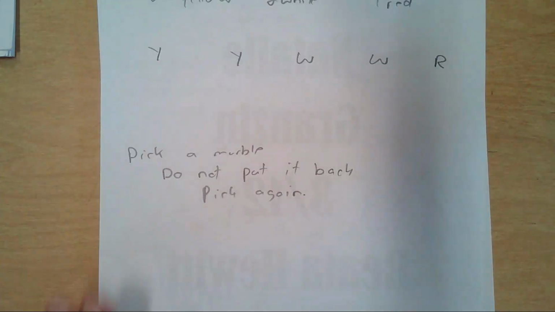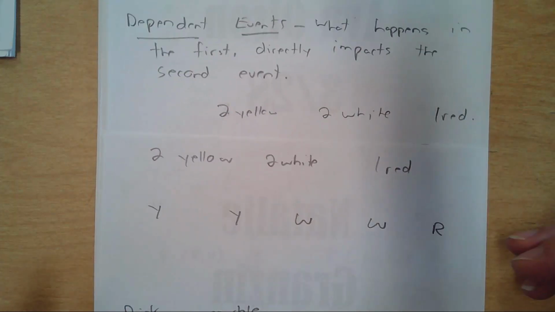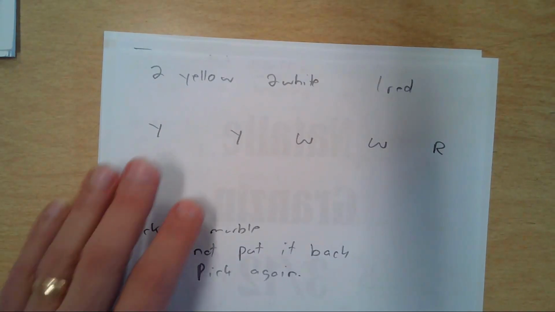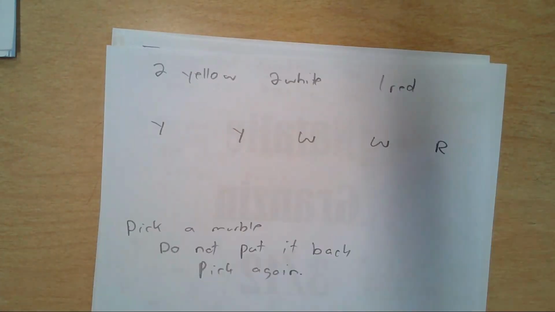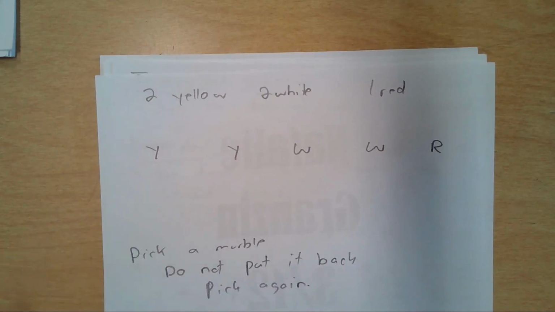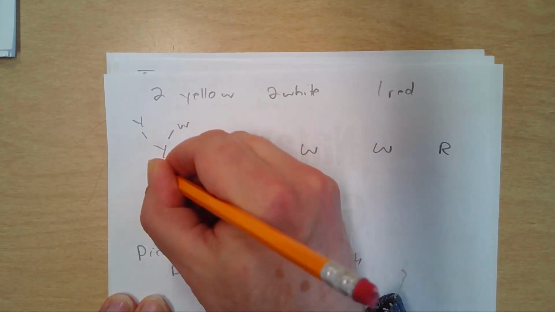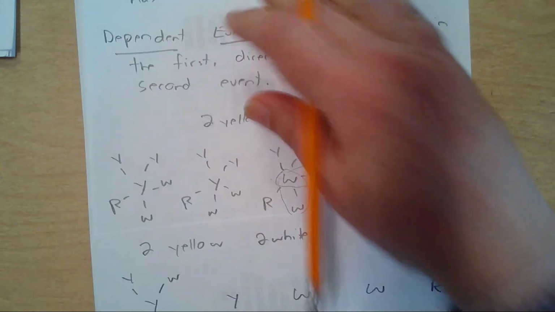So this time, again, same 5 marbles, 2 yellows, 2 whites, 1 red. Nothing's changing there. First marble I pick is one of these 5. Assume I pick this yellow marble. Now I'm not putting it back. So what could happen when I pick the next marble? What are my choices? A yellow, white, and red. Notice how the diagram changed a bit.